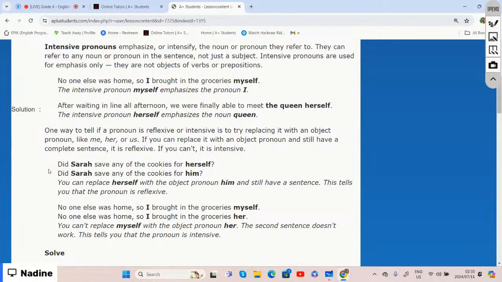And they can refer to any noun or any pronoun within the sentence, not just the subject. Intensive pronouns are used for emphasis only. And they are not objects of a verb or objects of a preposition.